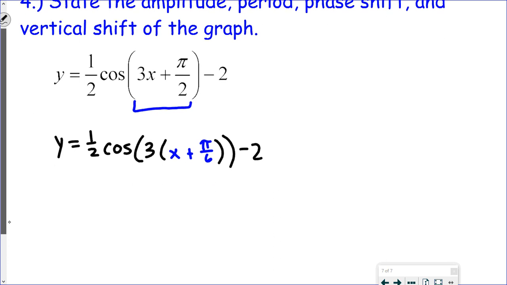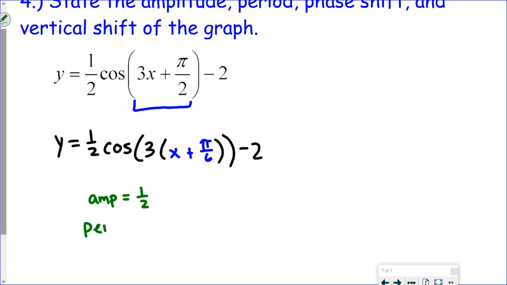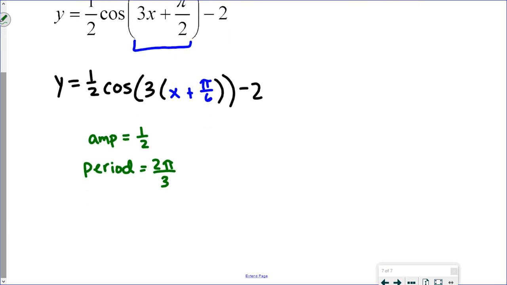All right, so go through. Okay, amplitude is 1/2, period, 2 pi over b, so 2 pi over 3. Feel free to pause this and try to write this out on your own first, and then play it to check.